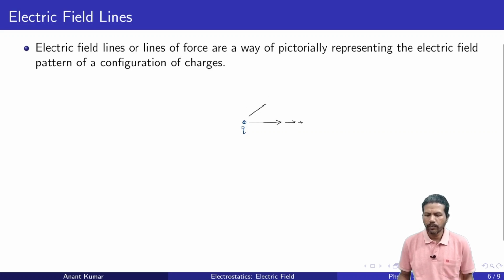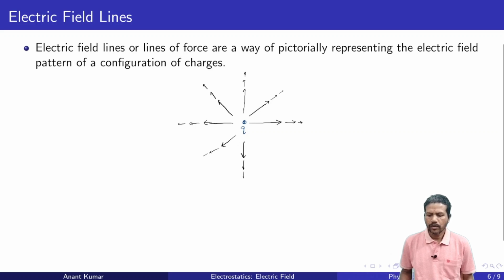This can be done at every point. I could draw vectors which get successively smaller. Similarly, on this side as well, we could have longer vectors, then shorter, and the same thing continues all around the point charge.